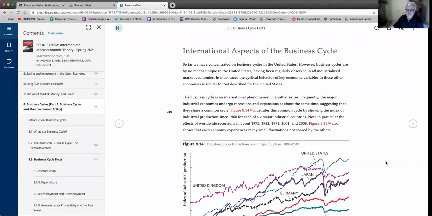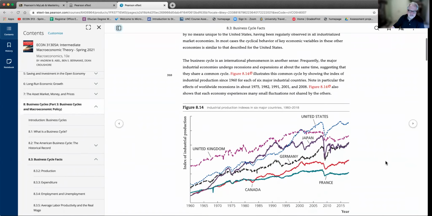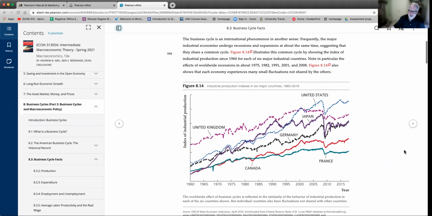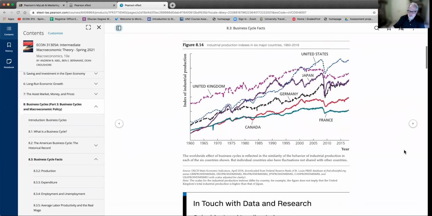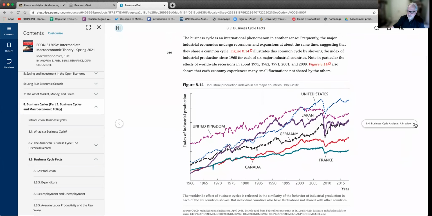International variables, in this case production across different industrialized countries. Things are at different levels, but they tend to move up and down together. Business cycles across the world tend to move up and down together. We could look at trade deficits. We could look at other kinds of international data.